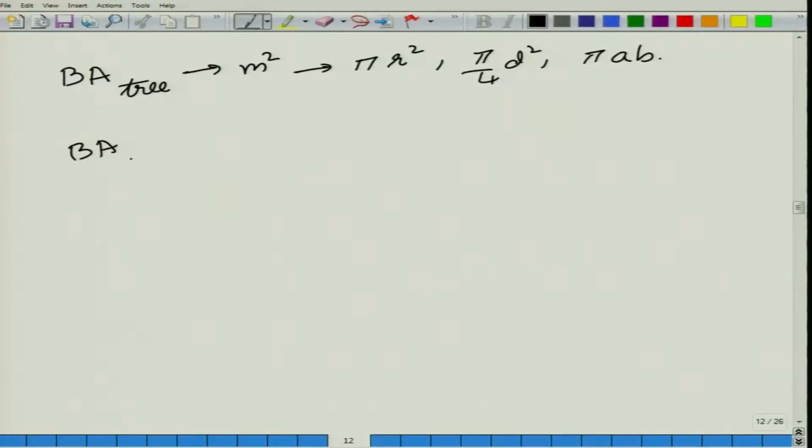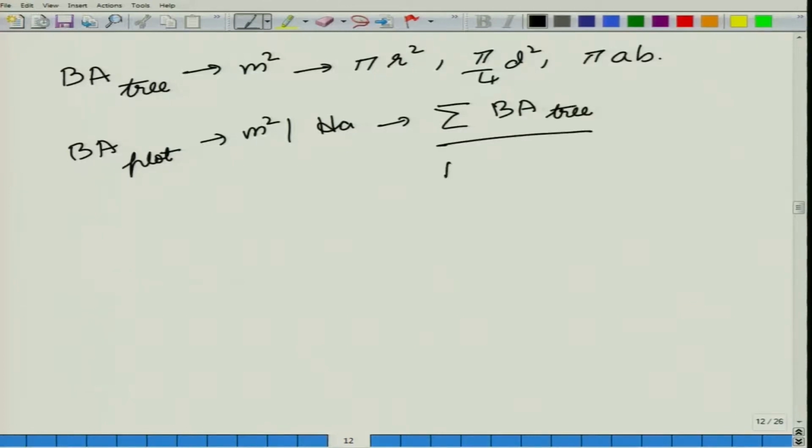The basal area of a plot is given in square meters per hectare, and it is the sum of the basal area of all the trees divided by the plot area. This figure is given in square meters, and this figure is given in hectares. Which is why we get the unit of square meters per hectare.